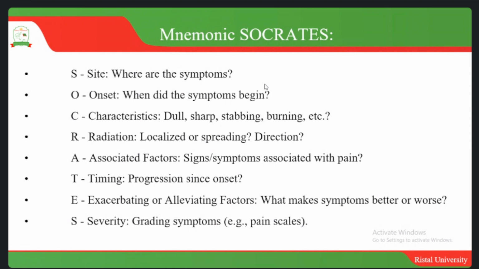Sometimes we use our fingers from 1 to 10, and you tell the patient to tell you how much he feels. Is it at the 5th finger? Then that can be moderate pain. Is it at the 9th finger? Then that can tell you this patient is having some kind of severe pain. So we should be able to grade the severity of our patient's pain.